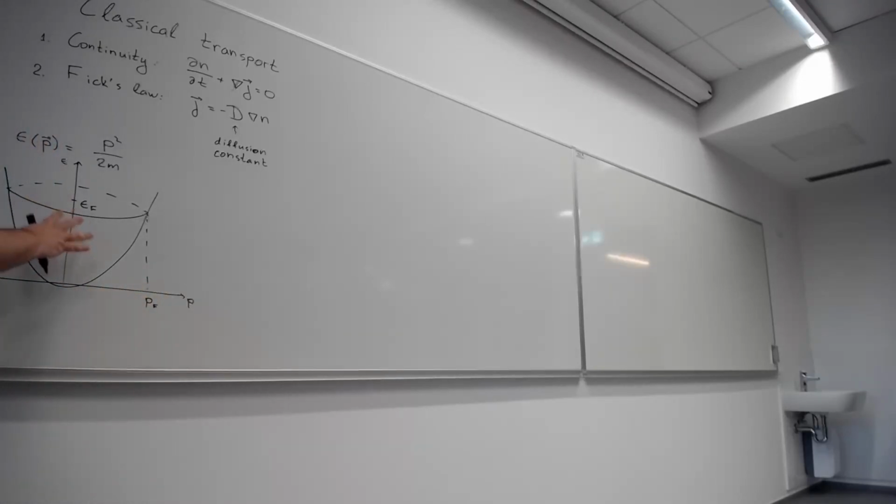So all of these states with energies below Fermi energy and with momentum smaller than Fermi momentum are filled with electrons. And the states above are empty. This would be the situation of zero temperature, when all electrons occupy as low energy as possible, and due to Pauli principle, they cannot all be in the same state, so they fill this band here.